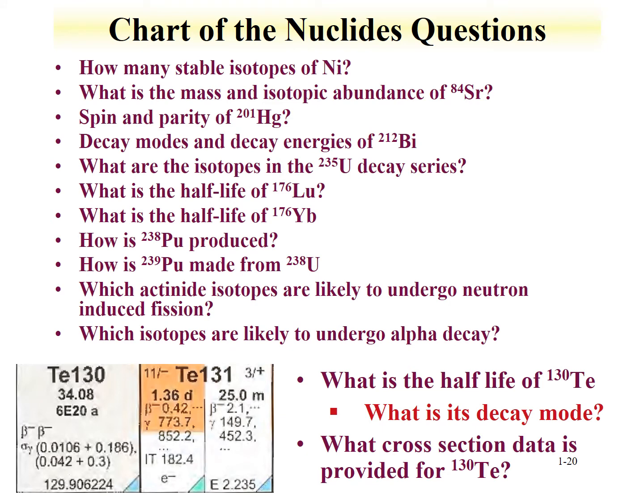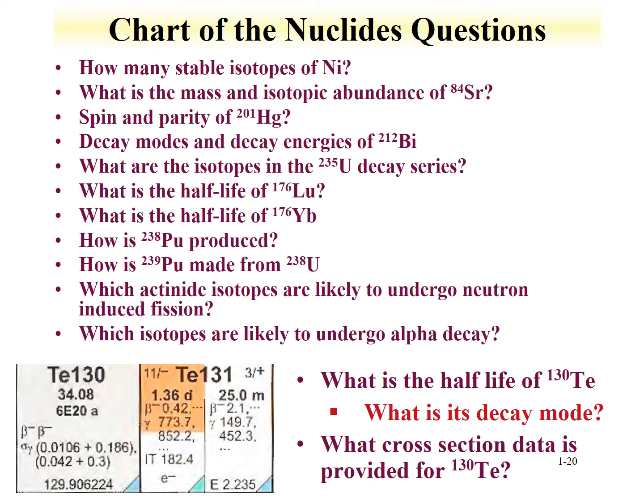Okay, you should be able to identify questions like how many stable isotopes of nickel are there. Go to nickel, count the number of gray boxes. What's the mass and isotopic abundance of a given isotope? For instance, strontium-84. The spin and parity of an isotope. The decay modes, so we talked about bismuth-212. What are the isotopes of a given series?